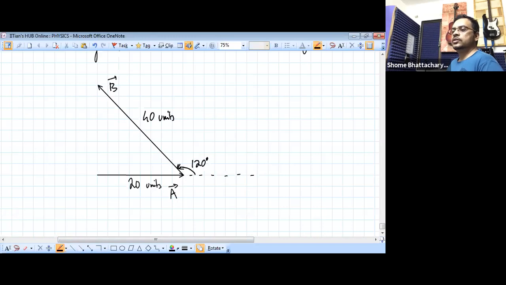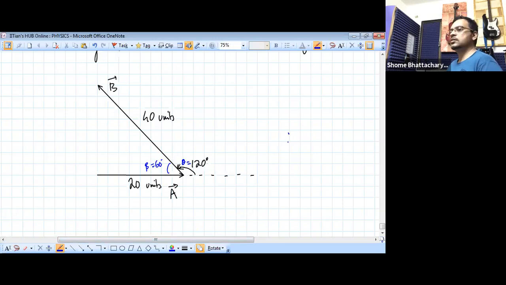Okay. So if that angle is that much, 120, then this interior angle, suppose beta, is how much? It is 60 degrees. Okay. Because my theta is 120, so this angle.